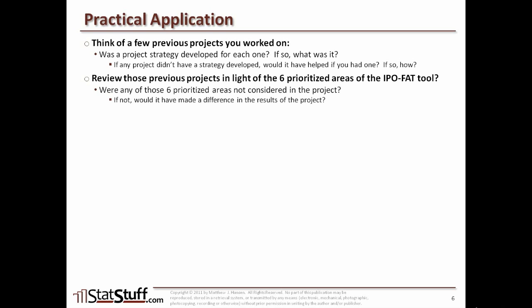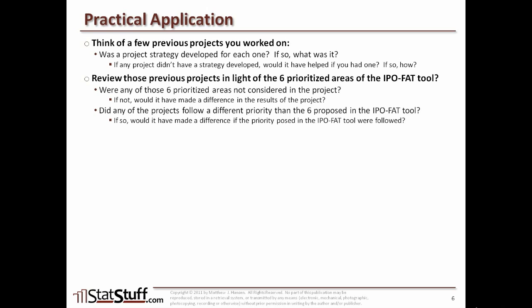If they were not considered, would it have made a difference in the results of the project if you had considered some of those areas that were missed? And also, did any of the projects follow a different priority order than the suggested one that was a part of the IPO-FAT tool? If they followed a different order, then again, would it have made a difference if you had followed the suggested order instead that's a part of the IPO-FAT tool?